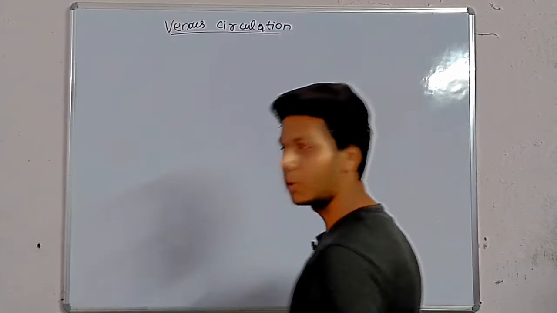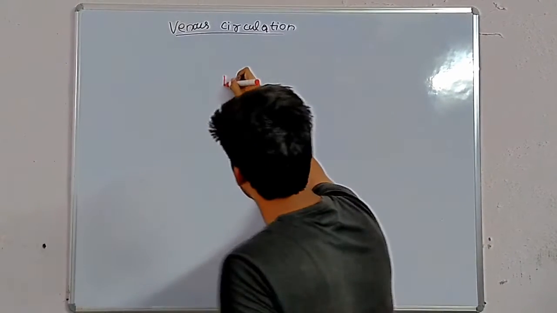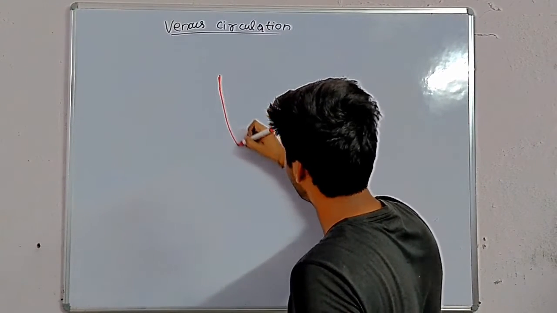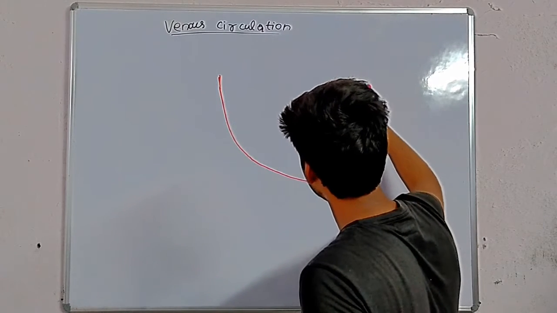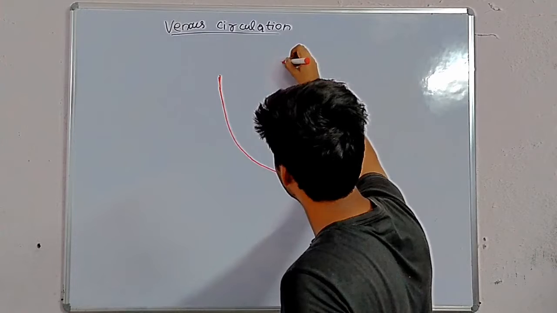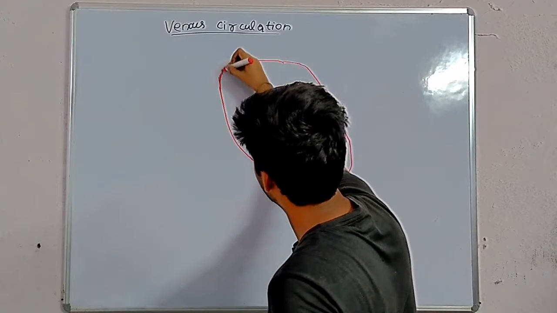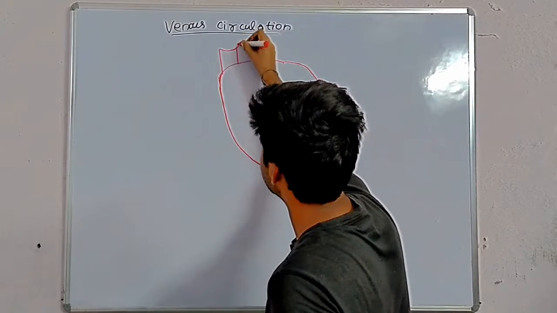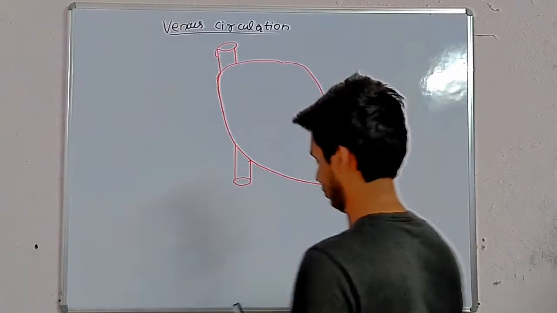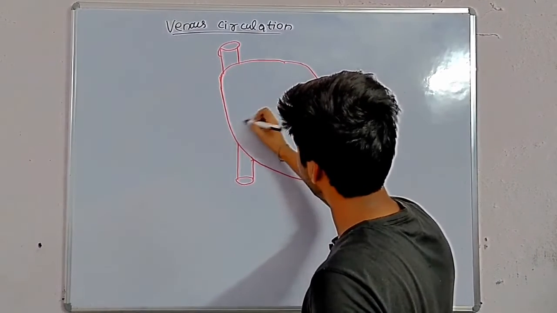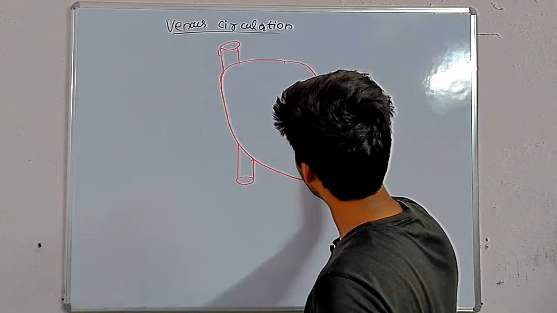So first we are drawing the heart. We know this is our heart. On the upper side this is the superior vena cava and this is the inferior vena cava. Here we know the coronary sulcus.